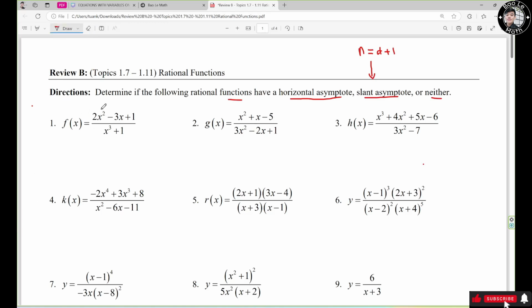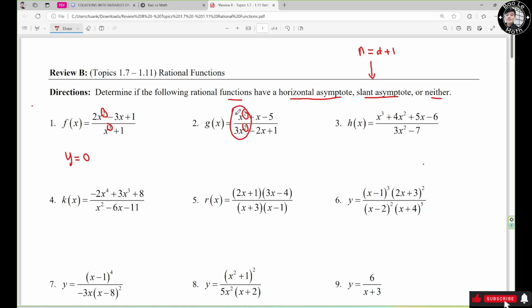Now look at example number 1. The degree of the numerator is 2, the degree of the denominator is 3. So 2 is less than 3, and we have the horizontal asymptote y equals 0. Second one, this is 2 and this is 2, so they are equal. We take the leading terms right here.